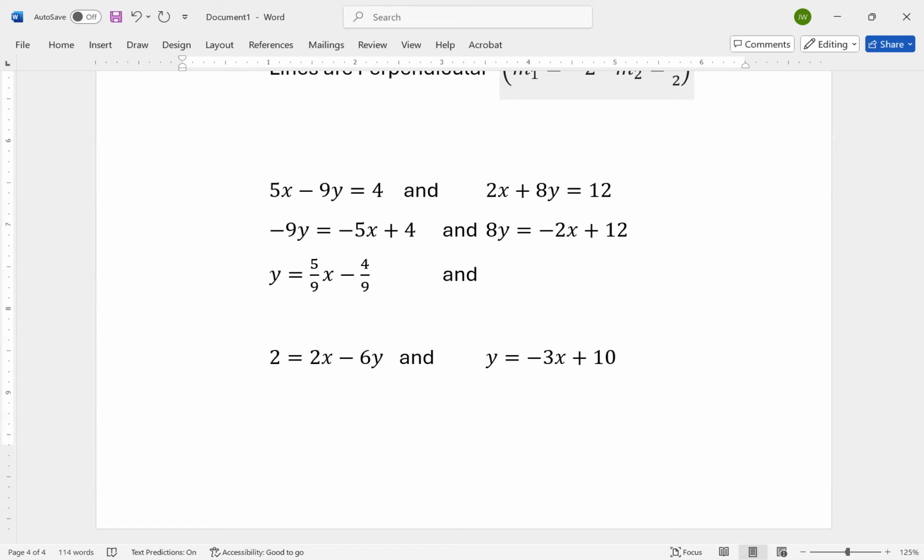And in the second equation, I would have to divide both sides by 8. That would give me y is equal to negative 2 over 8, which is negative 1/4, times x plus 12 over 8, which is 3/2 reduced.